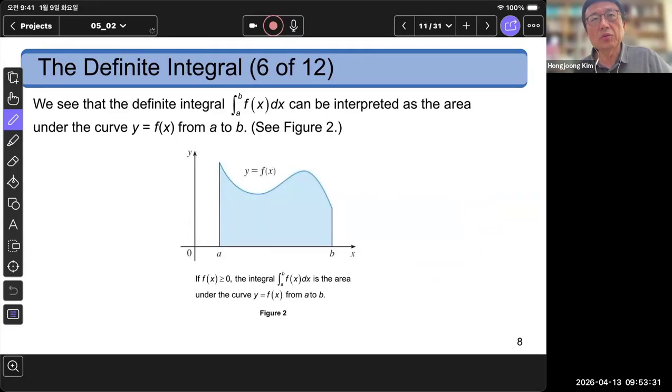So the definite integral as the limit, if you take the limit as n goes to infinity, eventually this definite integral will represent the area of the region bounded by the graph of f of x and the x-axis and two vertical lines, x equals a and x equals b.